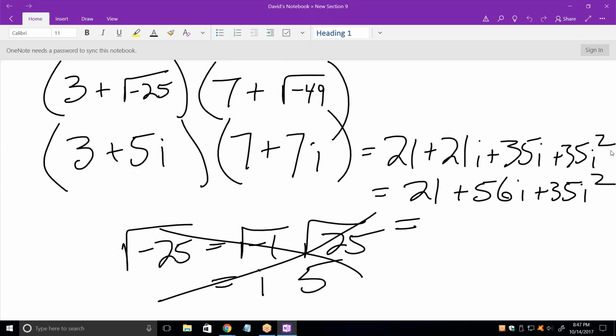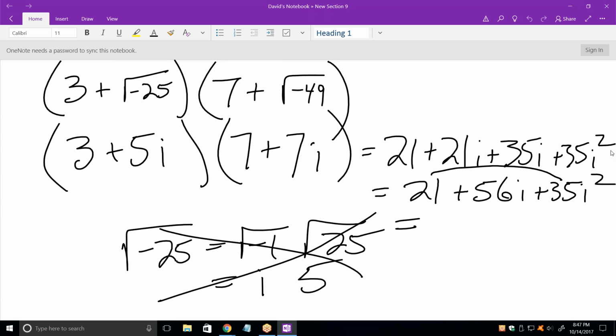So we have to simplify the 35i squared into a real number, so it'd be negative 35.